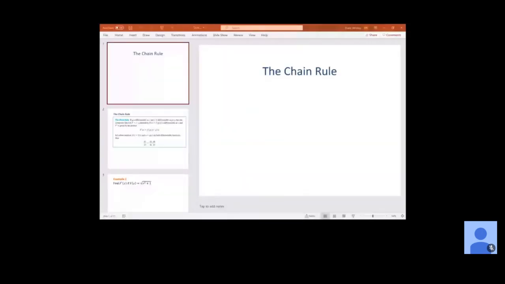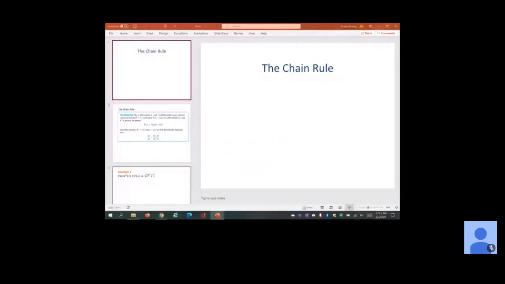Let's move on to that. And this way, if you want to work on some of this homework over the weekend, you should be able to now, okay? All right, so the chain rule.